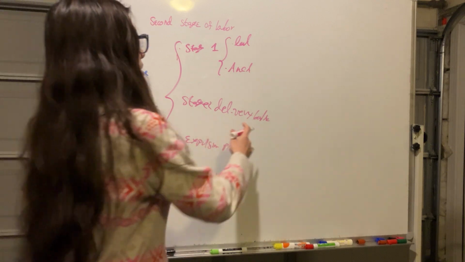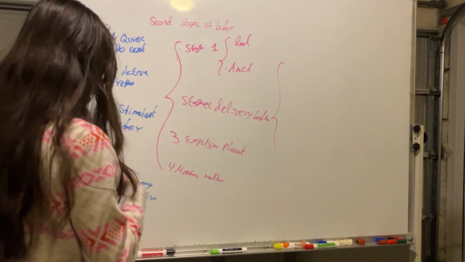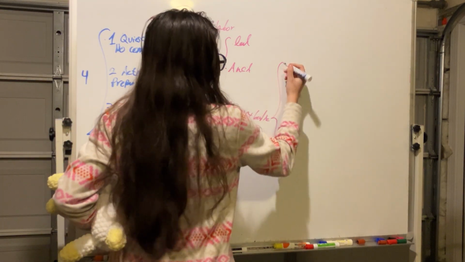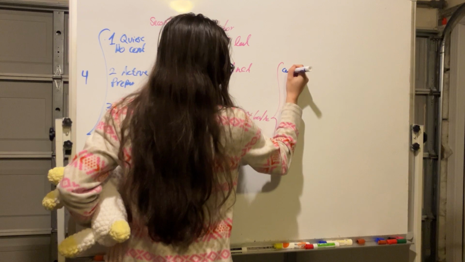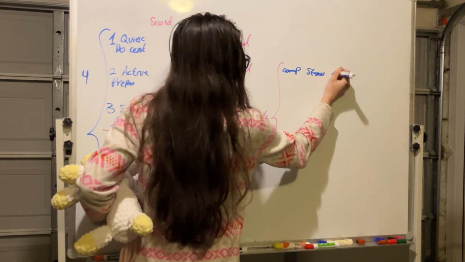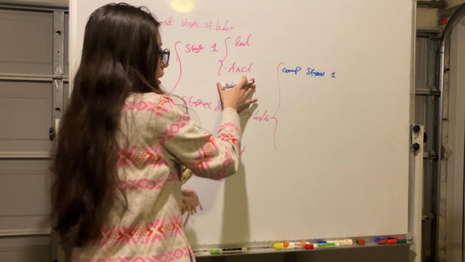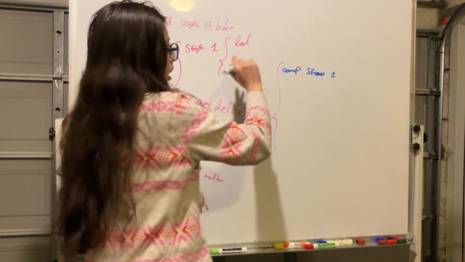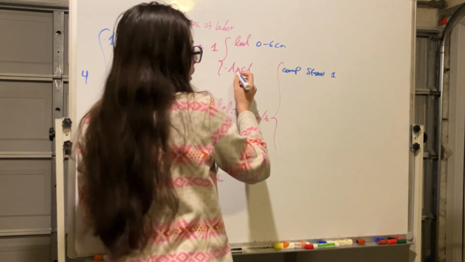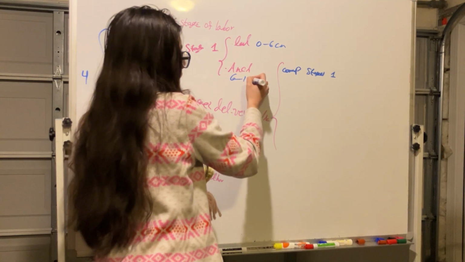So stage 2 is basically the delivery of the baby. This starts after the completion of stage 1 of labor, which, remember, is the latent and active phase. The latent phase is dilation of the cervix from 0 to 6 centimeters, and the active phase is dilation of the cervix from 6 to 10 centimeters.